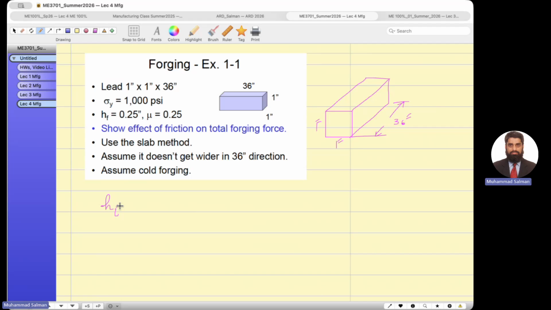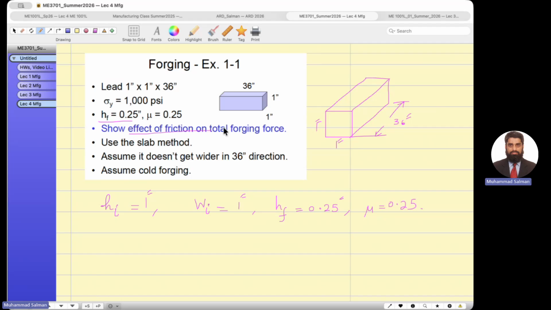Initial height is equal to 1 inch, and the initial width equals 1 inch, and the final height is a quarter of an inch, and mu, the coefficient of friction, is 0.25.